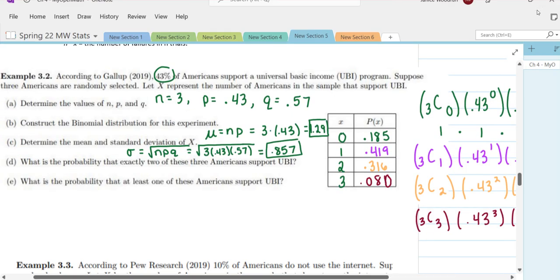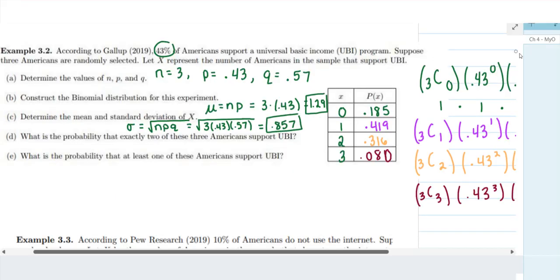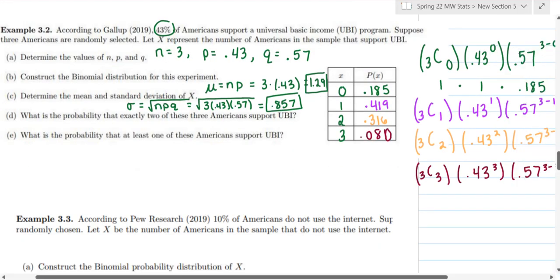Let me redraw that box because you can't see the one. Okay, so what this means, there's the probabilities, but the mean and the standard deviation means, okay, if I ran this experiment picking 3 random people, I don't know, 400 times, on average about 1.29 of them would answer yes, with a standard deviation of 0.857.